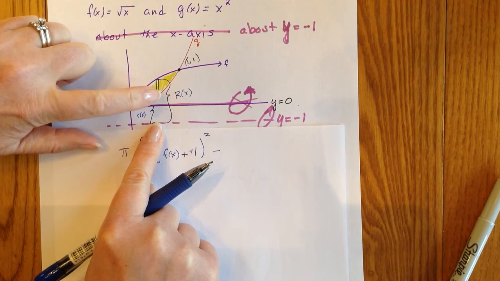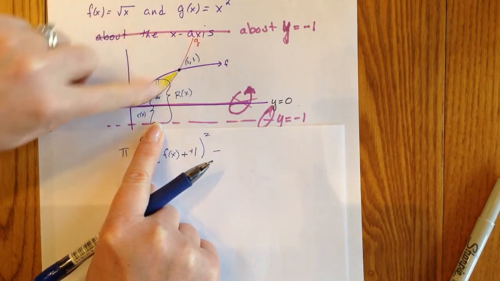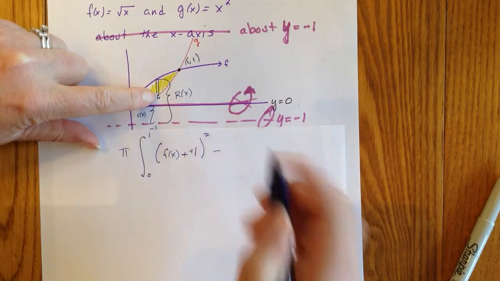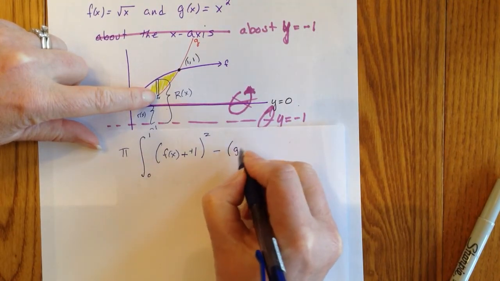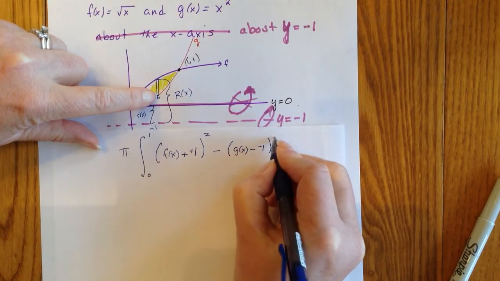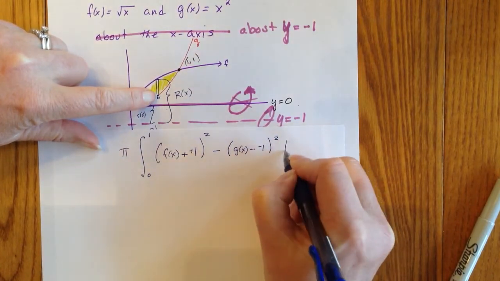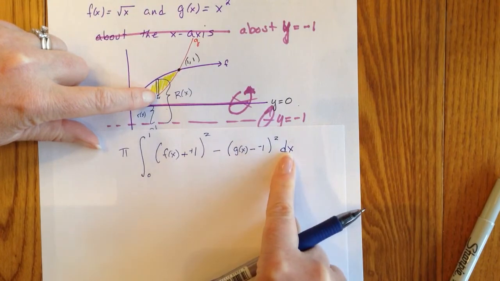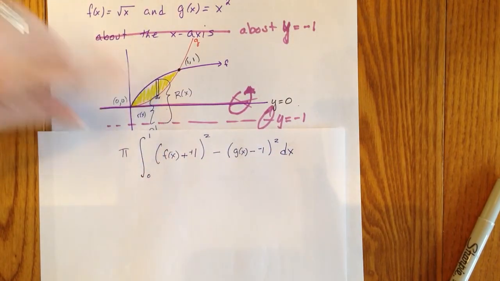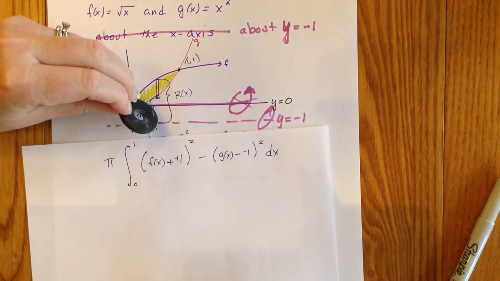Top minus bottom. Your top finger is on g of x, and your bottom finger is on -1. So the inner radius is g of x, top minus bottom. Yeah, with respect to x. That dx is the width of these rectangles. It is the quote-unquote height of these cylinders.